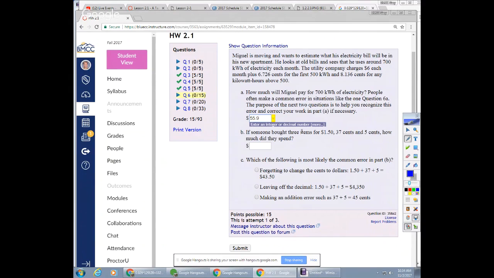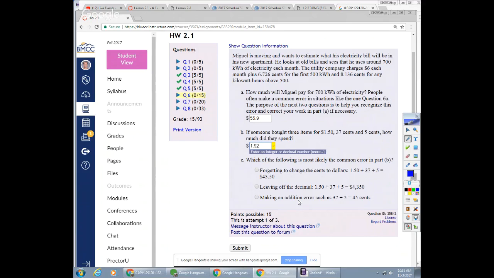If someone bought 3 items for $1.50, 37 cents, and 5 cents, how much would they spend? Well, 37 cents is really 0.37, right? So they're kind of reminding us here, did you adjust the decimal point from cents to dollars, right? And we realized that ahead of time. So let's see, how much would they spend here? 50, 60, 70, 80, 92, $1.92 in dollars.